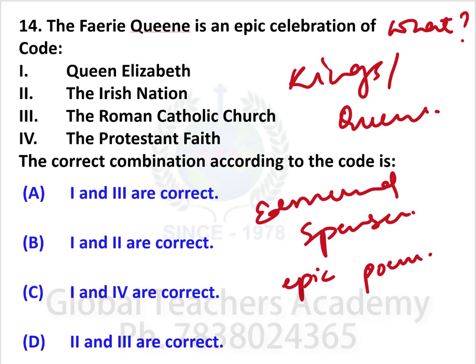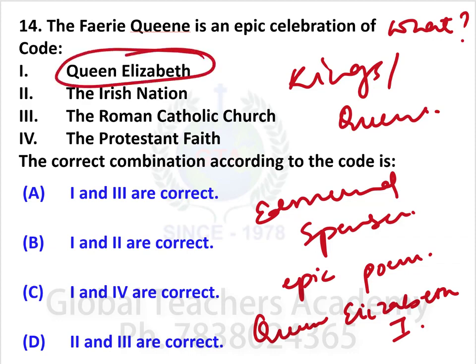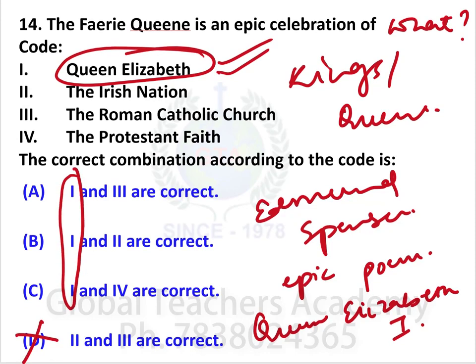So that is also an important question for the Fairy Queen. Edmund Spenser's epic poem was written at the time of Queen Elizabeth I, so obviously there is also a character that represents Queen Elizabeth. So Queen Elizabeth has to be the answer. Your answer is either A, B or C, so D is automatically crossed out. It is an epic celebration of Queen Elizabeth.